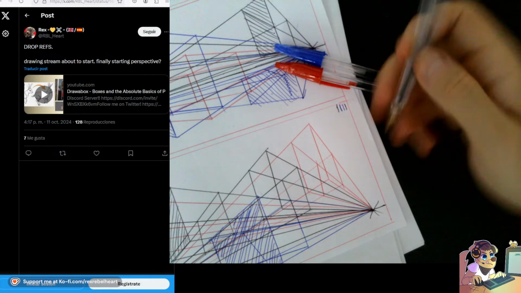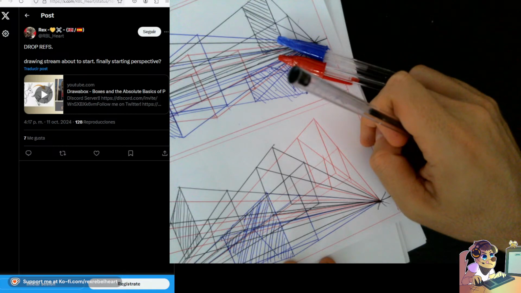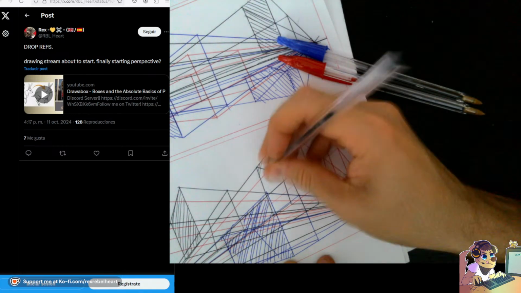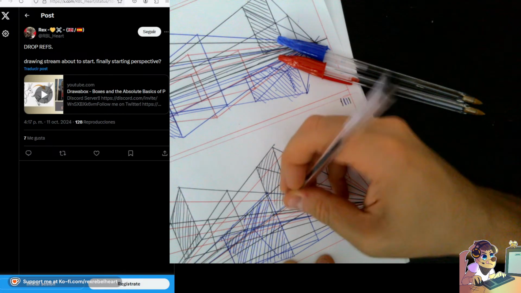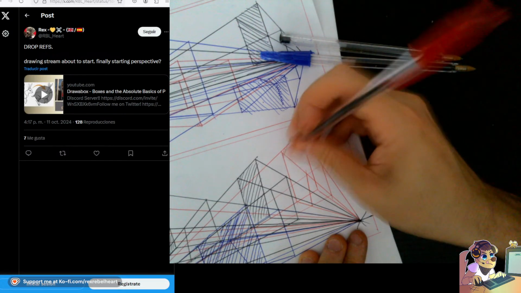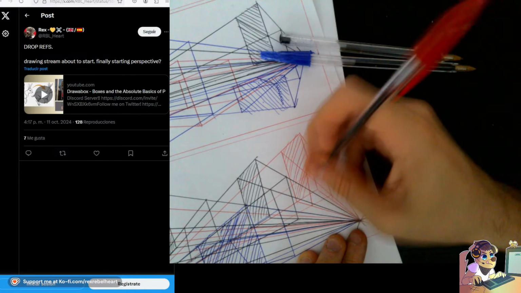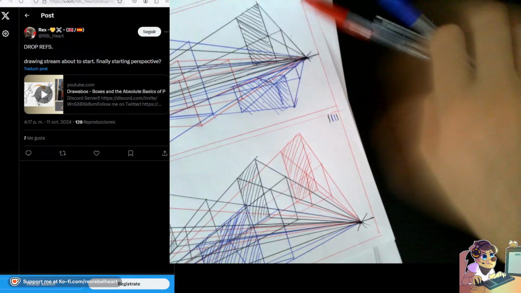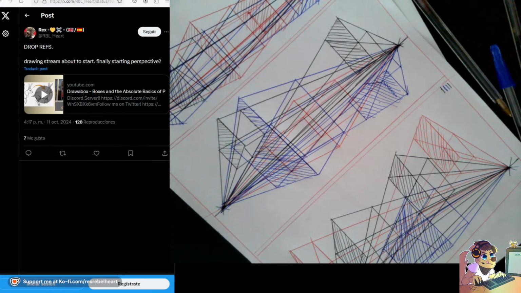And I got the black guy here. And then we got this red guy here. Okay, I'm glad that is over. Oh my lord. Lordy, lordy, lordy.